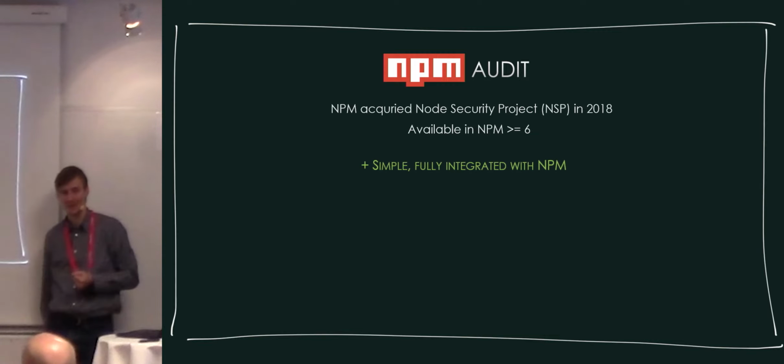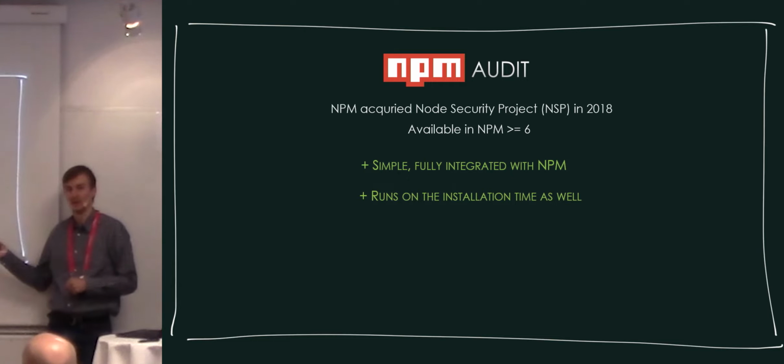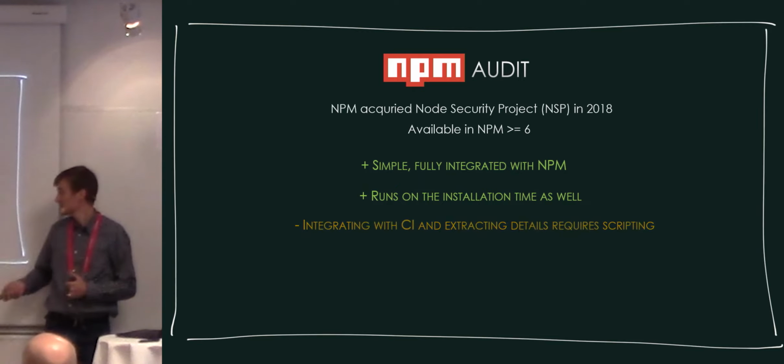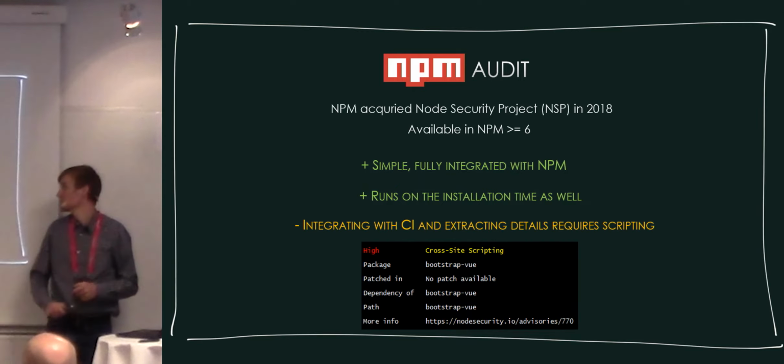And starting from NPM 6 plus, they integrated it. They made the NPM audit command, so you don't need any tools. You just need to run NPM, and even when you install stuff, it runs already. So it's hard to miss if you have NPM 6. But to get the details like this, you need to run NPM audit.